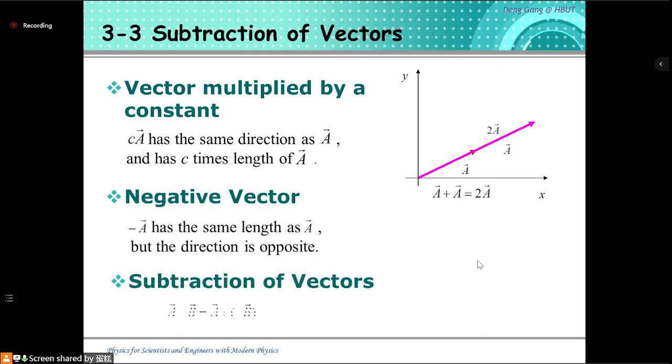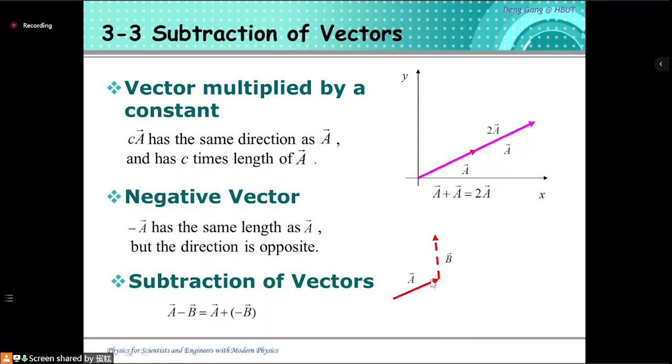So we can use a triangle or something similar to help us calculate A minus B. Here's A and here's B. A minus B should be equal to A plus this minus B. So minus B is in the opposite direction, same length.